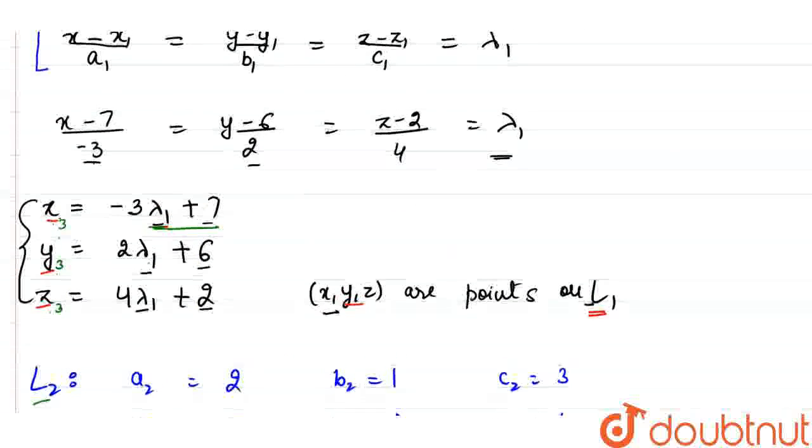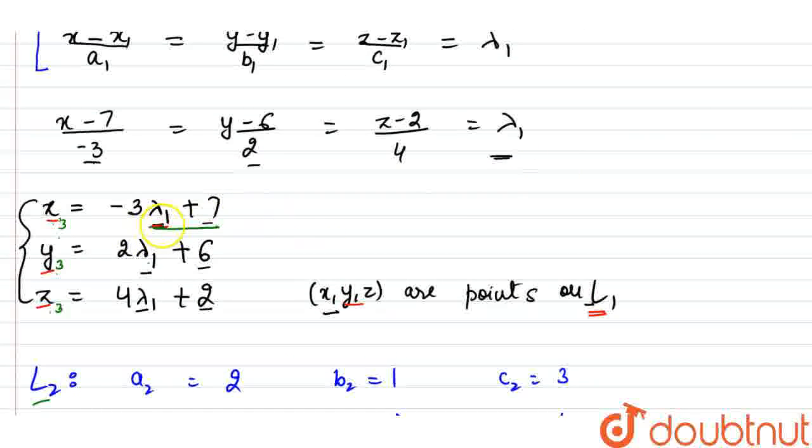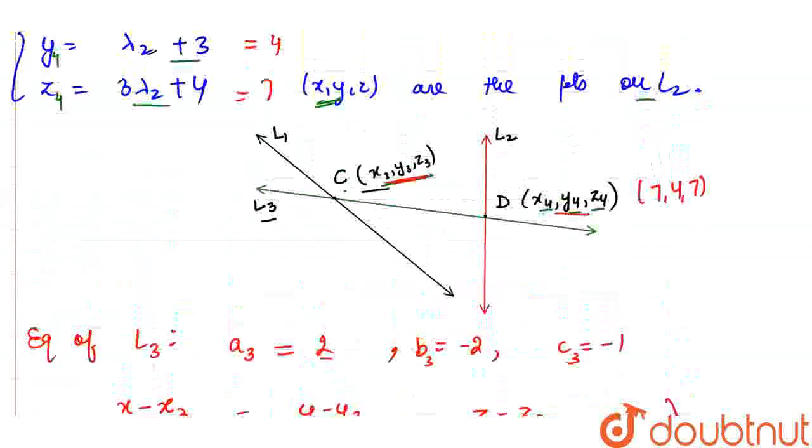Similarly, on putting lambda 1 as 2 here, x3 will be minus 3 times 2, 6 plus 7 will be 1. This is 2 times 2, 4 plus 6, 10. And this is 4 times 2, 8 plus 2, 10. So the coordinates of C are 1, 10, 10.